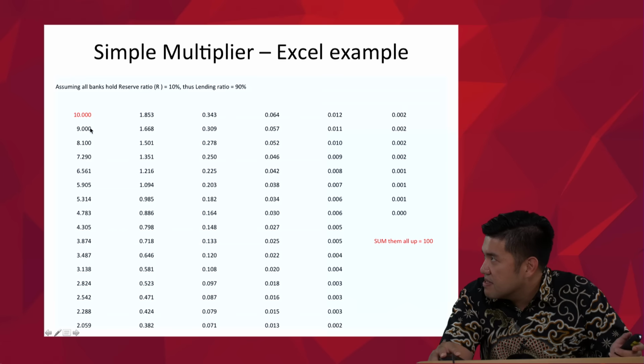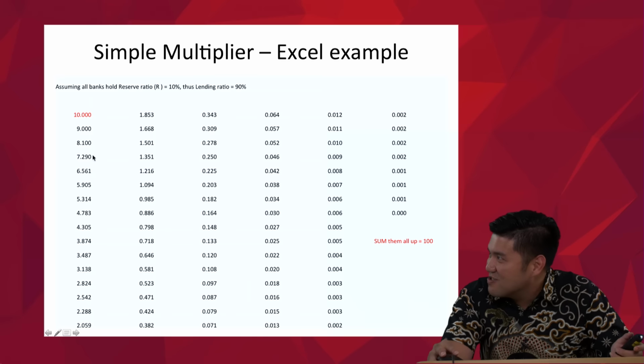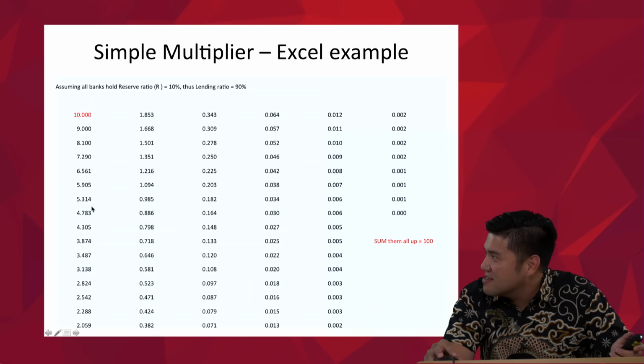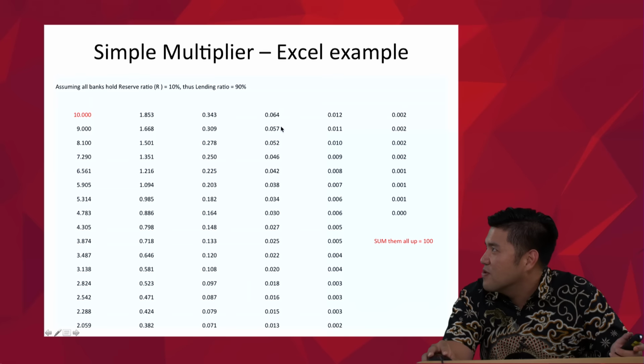$9, then the bank puts aside 10% of that, right? So that means $8.1 is going to be lent out to another customer that will deposit that money into his bank. So a new deposit of 8.1 is created in that round. Okay, then I do the automation in my Excel spreadsheet, until it's all exhausted to 0.